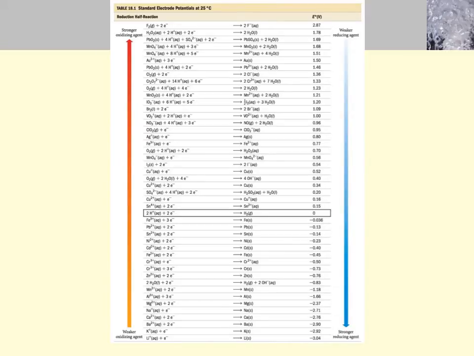Here's a typical table of standard reduction potentials. Notice that every substance in here has electrons added as part of the reactants. As I said, they're all written in reducing form.